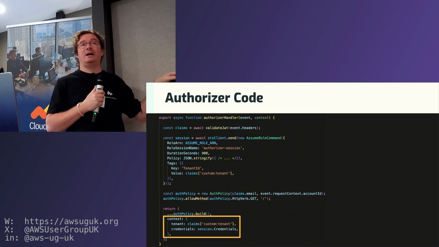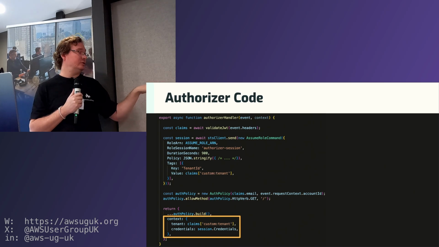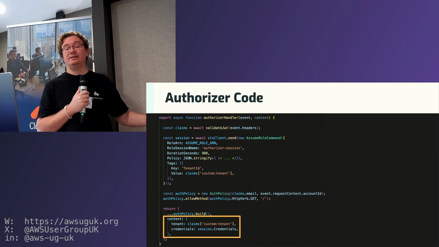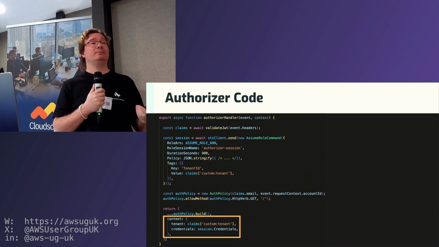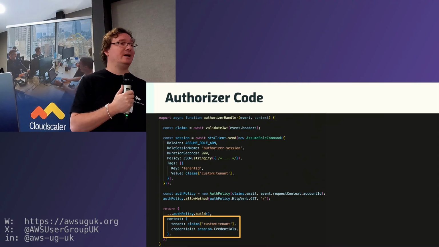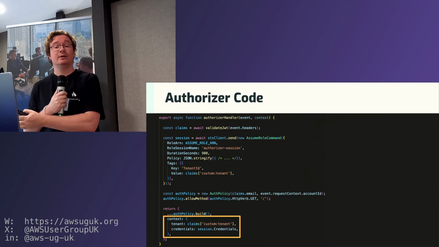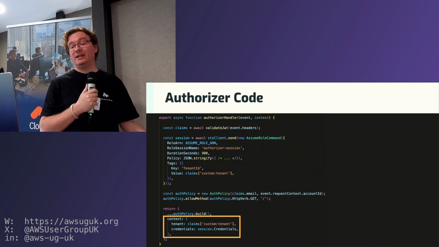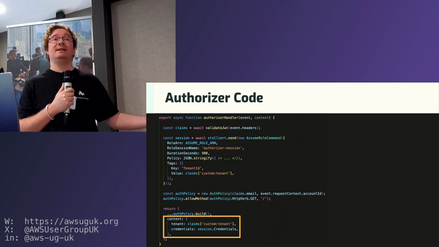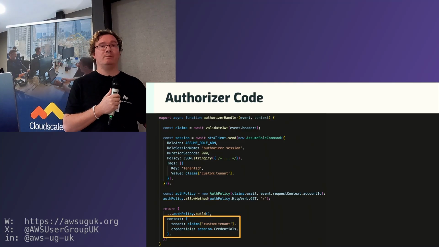And then as part of the return, we return the policy, and we also set this context. This context is metadata information that we're going to be providing for the downstream services. And here we say, okay, the tenant ID and also the credentials for that session we just created by assuming that role.